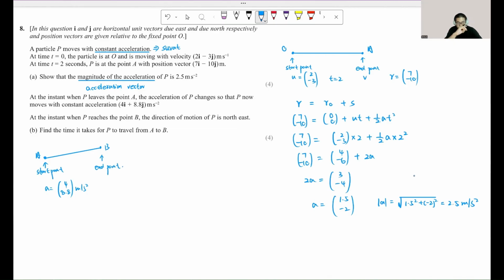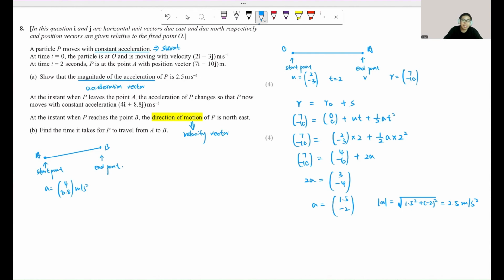At the instant when P reaches the point B, the direction of P is northeast. Every time they're talking about the direction of motion, we need to look at the velocity vector.